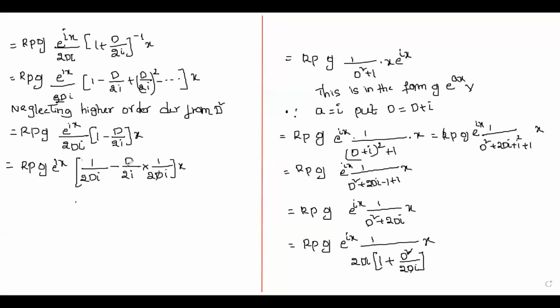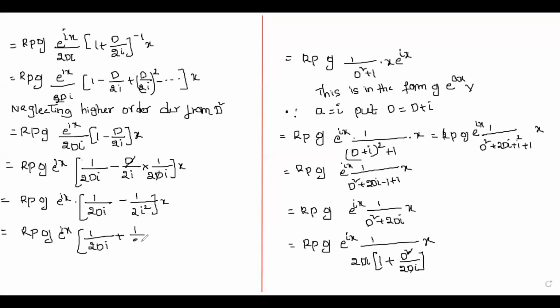So here D gets cancelled. So this is equal to the real part of e power ix into 1 by 2Di minus 1 by 2 into i square into x, equal to the real part of e power ix into 1 by 2Di plus 1 by 2, because i square value is minus 1, so minus into minus 1 becomes plus 1.